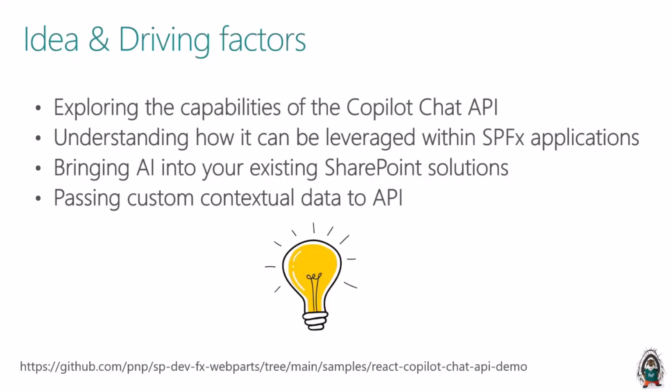We can definitely leverage the Microsoft 365 Copilot Chat API, which is very much similar to how Microsoft 365 Copilot works with enterprise grounding and the existing data, with security trimmed permissions and everything. With the Chat API there is similar security trimming and similar access to the data for the current logged in user under which we are running. All of that is available. So that was the whole idea.